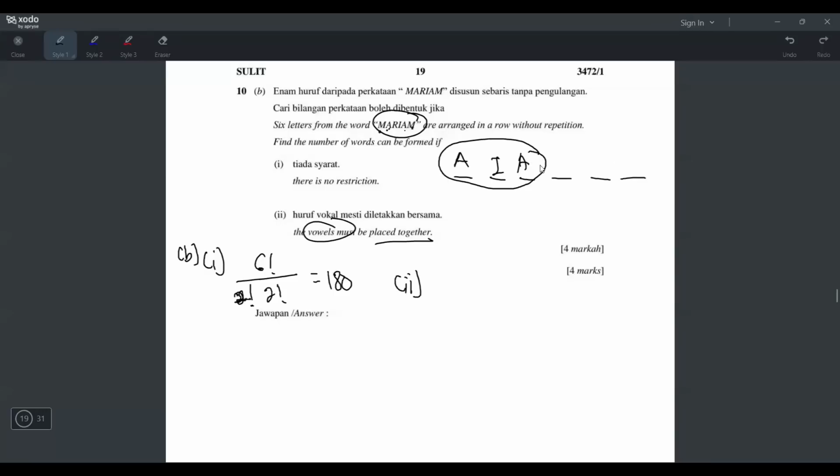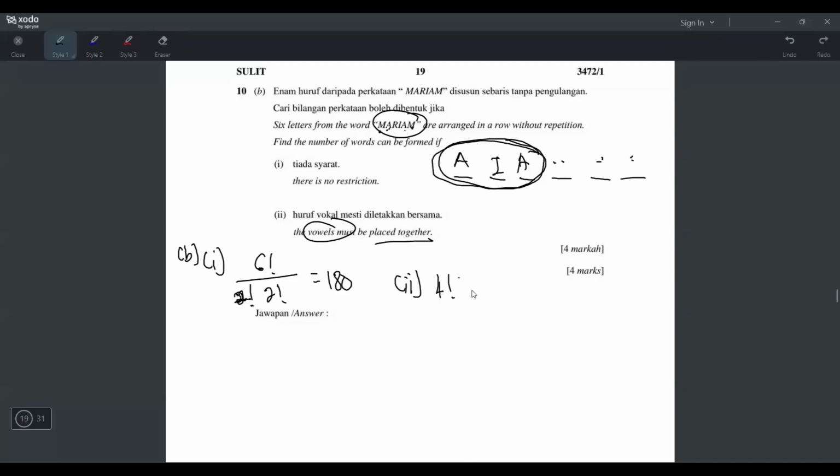Instead of arranging 6 letters, now you are arranging 4 units, because the vowels must move together. They cannot separate, like super glue. You glue them up and they stick together, so this whole thing becomes one big combination. You are not arranging 6 letters anymore, you are arranging 4 things, so it'll be 4 factorial.